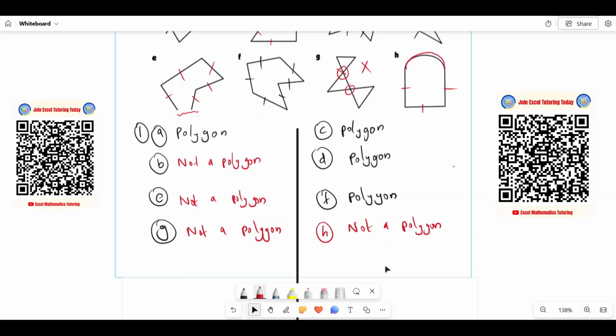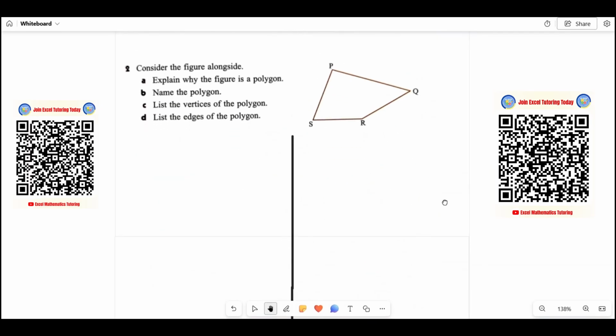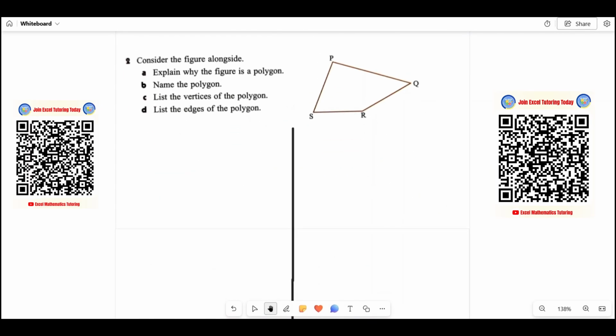And our next question. The second question is: consider the figure. PQRS is our figure. Explain why the figure is a polygon. From the definition of a polygon, every side is a straight line and the sides are not crossing itself.